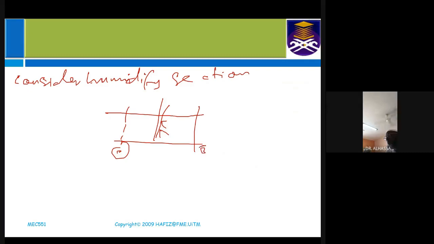This is state 3. Here we have the energy at state 2 is this. The energy at state 3 is also this. And then the energy of the water at this particular state, let's say this is EW, the energy of the flowing fluid.